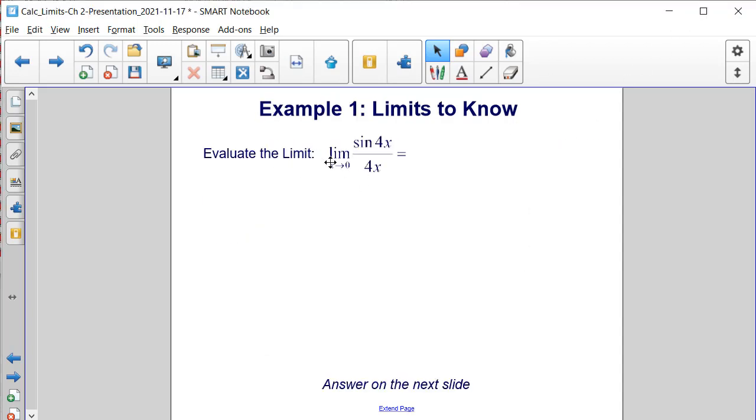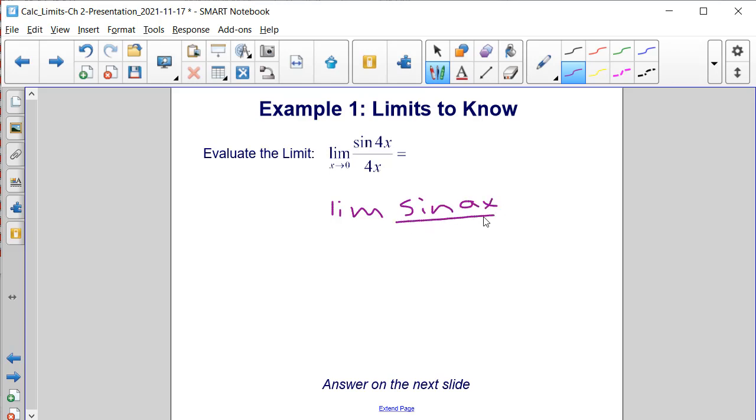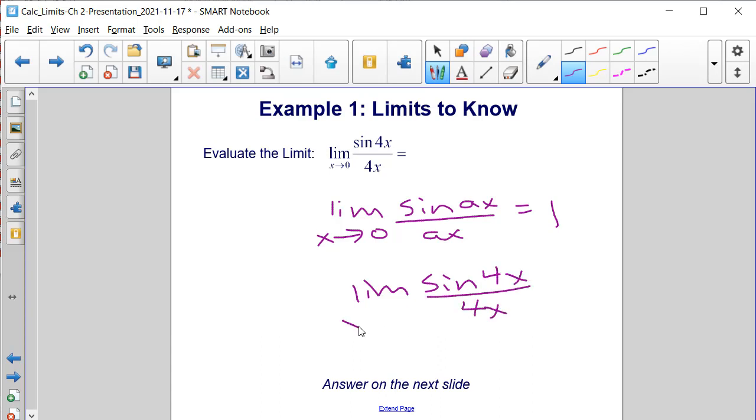Let's evaluate the limit. The limit of sine of 4x divided by 4x is equal to what value? Well, this is almost identical to the limit of sine of ax divided by ax as x approaches 0, and that is equal to 1. So therefore, the limit of sine 4x divided by 4x as x approaches 0 is equal to 1.